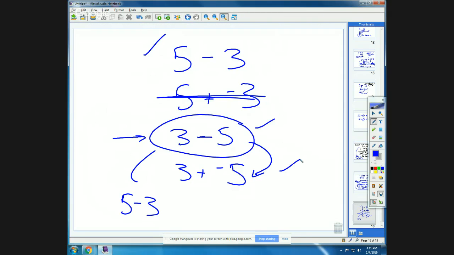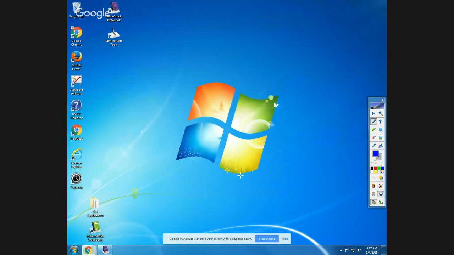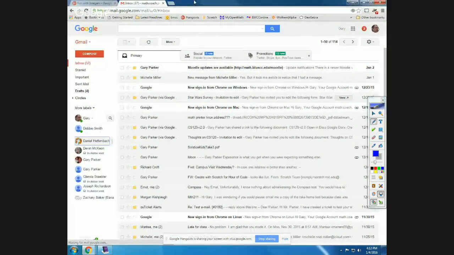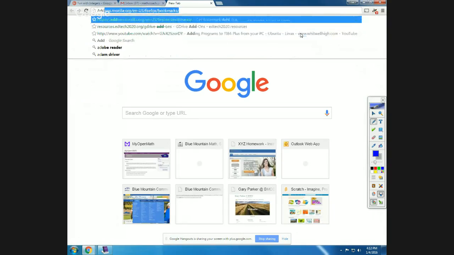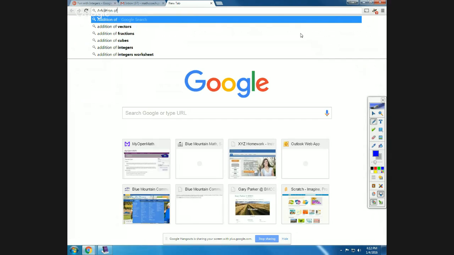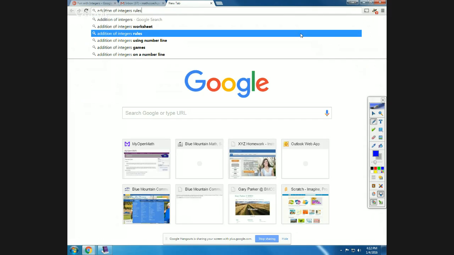So let's see, some other things. I'm going to go to the internet quick. One thing I asked you to do last term, at the end of the term, on a day off right before the final, was to look up an algorithm for addition of integers. So I'm going to go to the internet and see what I can find. Addition rules.